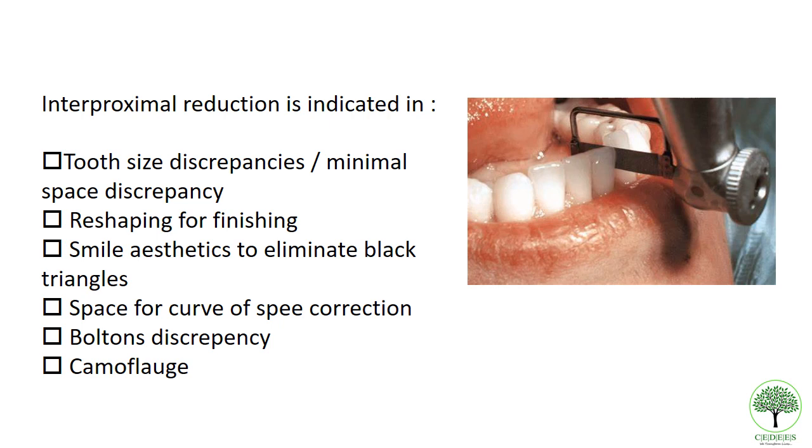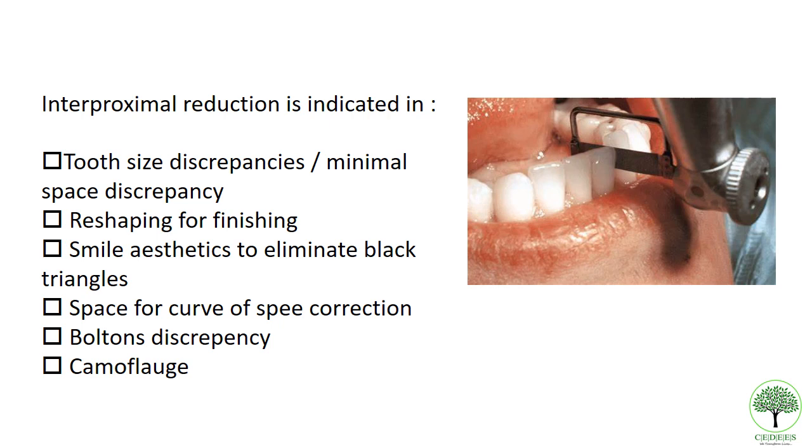It can also be carried out as reshaping, where you broaden a contact point into a contact area for better stability during finishing. Also undertaken in smile aesthetics to eliminate black triangles. It is done to create space for curve of Spee correction and Bolton's discrepancy if it is within the limits of possibility of interproximal reduction and camouflage.